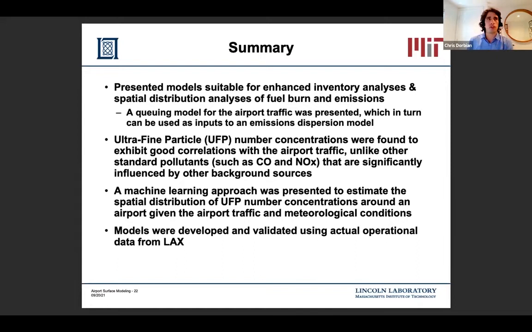Or direct it such that you weren't dispersing those pollutants on neighboring communities, but maybe on other spaces or on the airport itself, something like that.